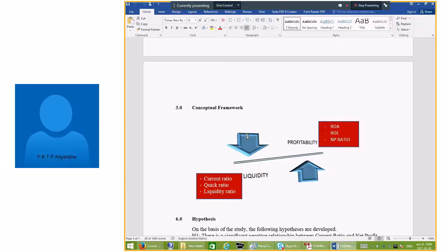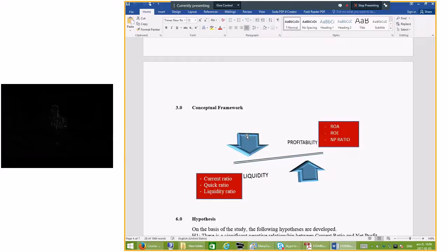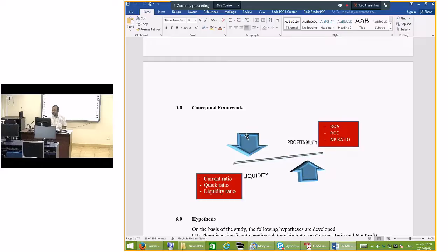When you take three methodologies for three variables to assess the dependent variable, which one is your conclusion? For example, you may find ROA is 19% or 20%, ROE is 15%, NP ratio is 40%.